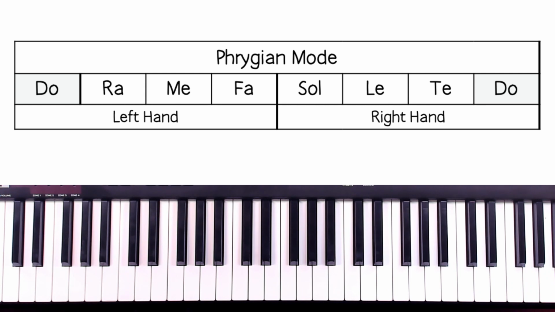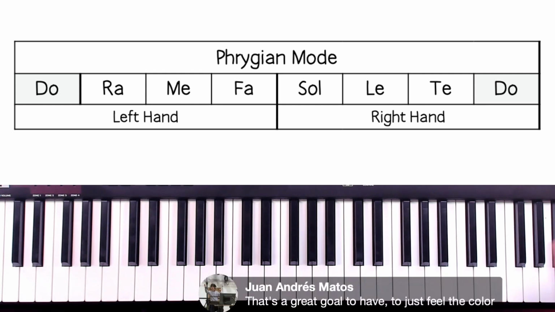Okay, yes, Juan, you made a great comment. Just feel the color. That's right. And you know why it's a great goal to have? Because it's effortless. We are not struggling with it.